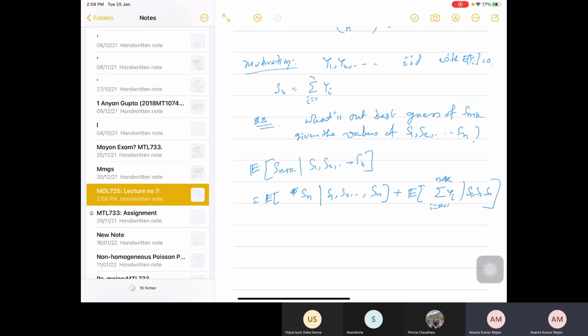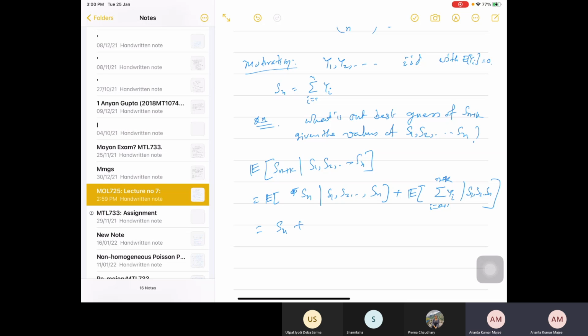Now, S of n is measurable with respect to the sigma algebra generated by S1, S2, up to S of n. Hence this is nothing but S of n almost surely, plus the remaining sum, where each term is independent. So that means this is independent of the sigma algebra generated by S1, S2, up to S of n.